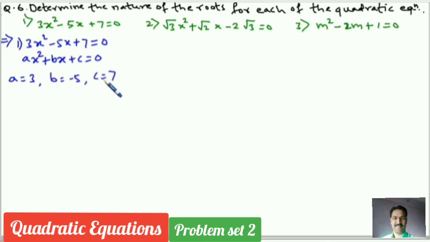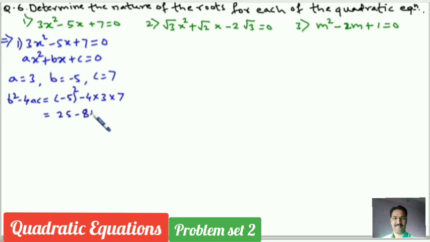Let's take b square minus 4ac. We'll put the values: minus 5 square minus 4 into a for 3 and c for 7. So here it is 25 minus, 4 3s are 12, 12 7s are 84.